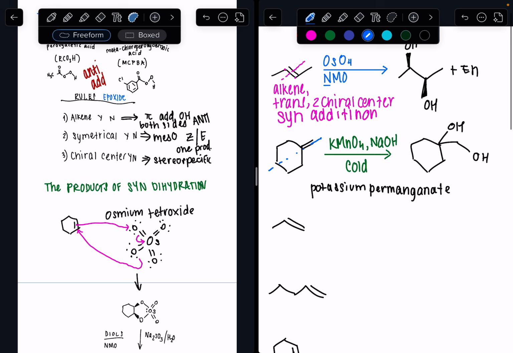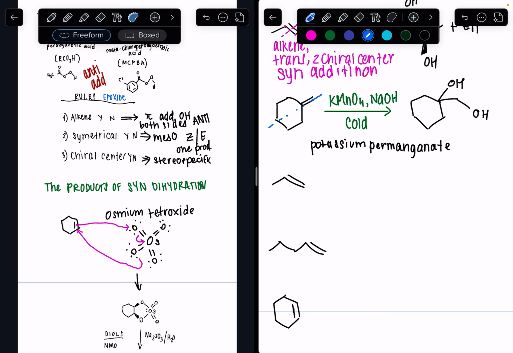There's our line of symmetry. Here's our next alkene. Is it symmetrical? It's not symmetrical. And do we have an E or Z?